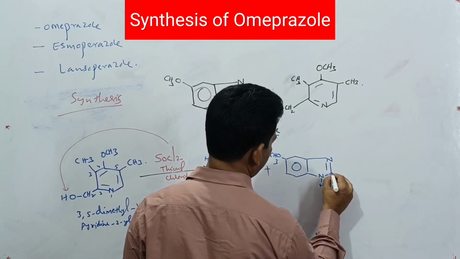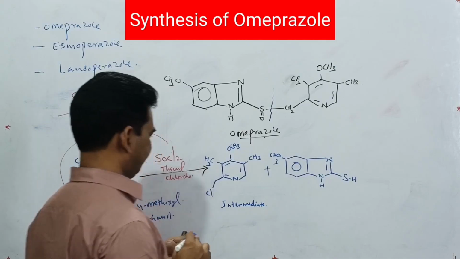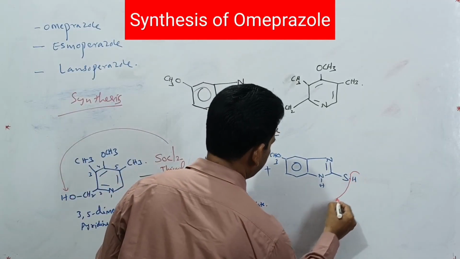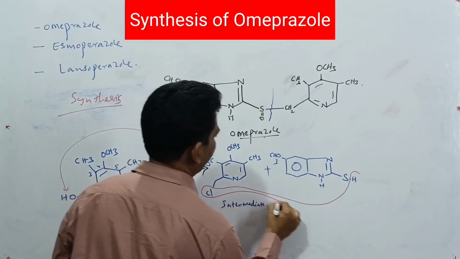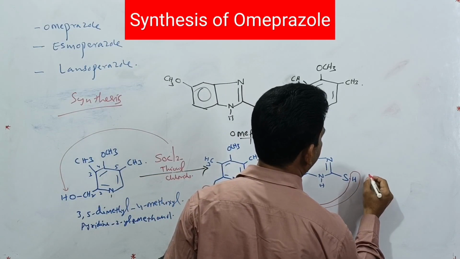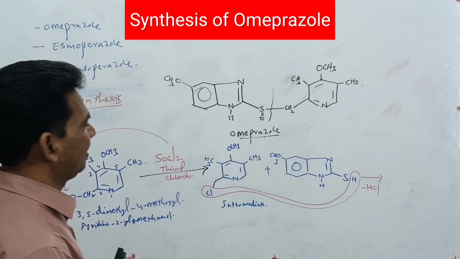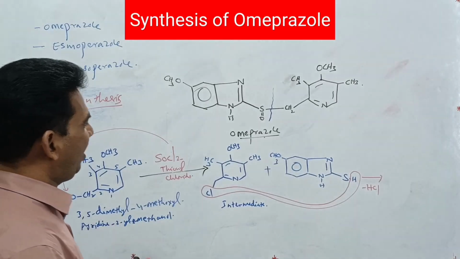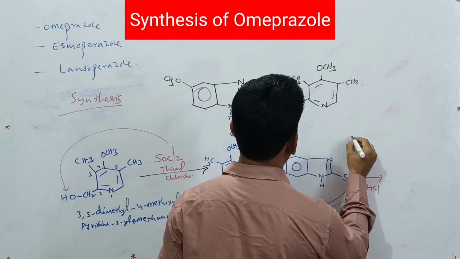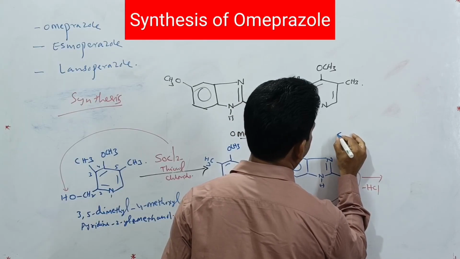Then this position has the mercapto group, that is SH. Now see what happened in this reaction. This hydrogen and this chlorine go out in the form of hydrochloric acid. Then what is formed? Just see, the same structure is formed here. There is not much space, I will write small.